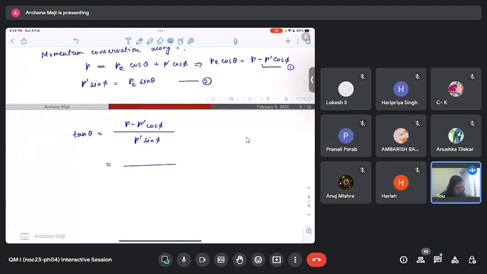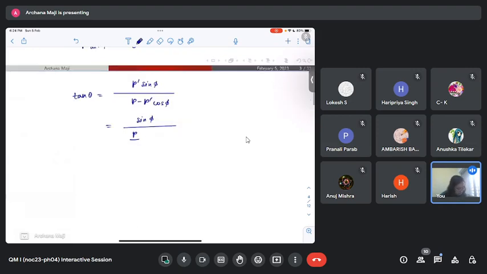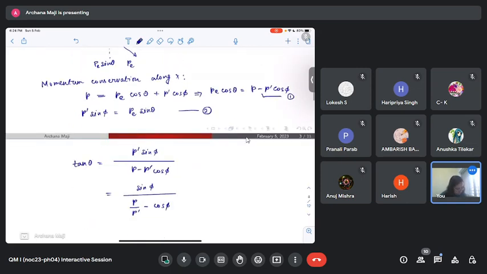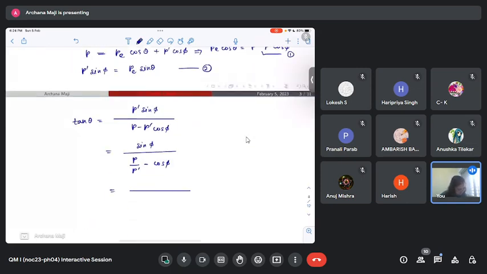Sorry, the other way around. So tan theta is equal to sin phi divided by (p over p prime minus cos phi), and phi is the angle at which the photon scatters. So this is equal to sin 60 degrees.